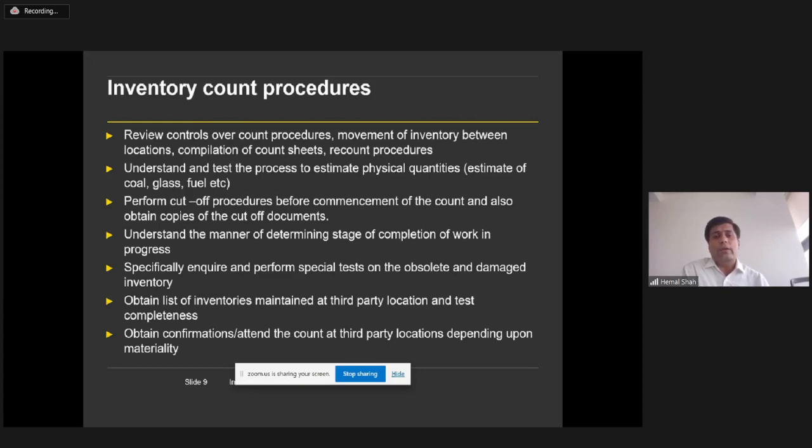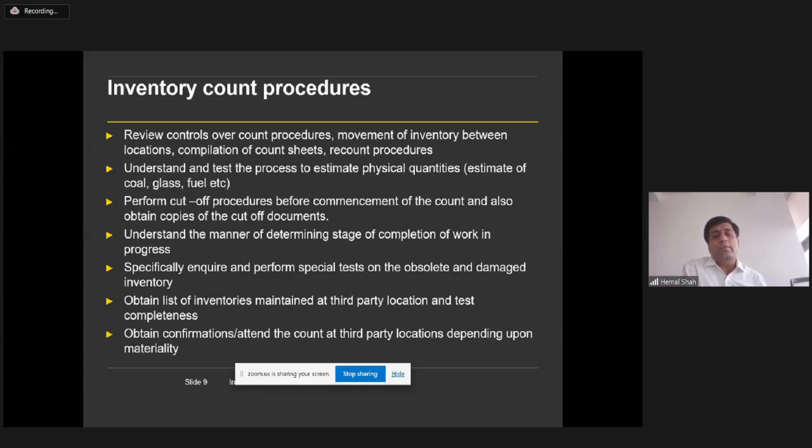Of course, then there are a few chemicals and excipients which are added subsequently in stage 2, 3, 4. But the labor and overhead vary depending upon the stage at which it is. So if a particular item takes 10 stages for production, then at what stage the work in progress is lying, and how you measure the overhead for the purpose of calculation of inventory valuation, is quite critical.